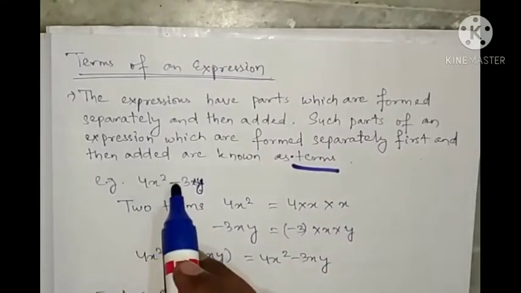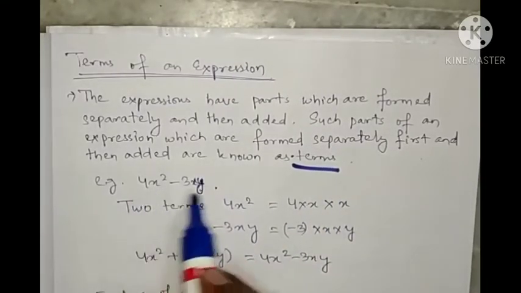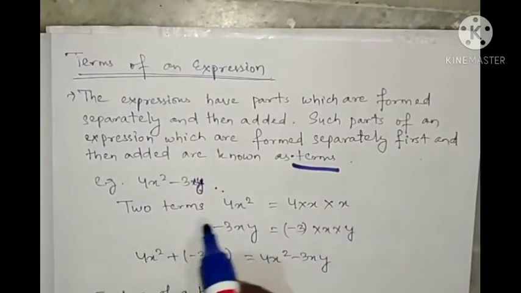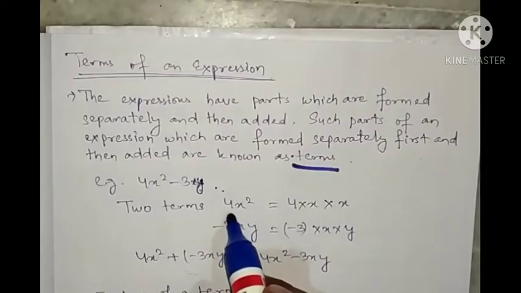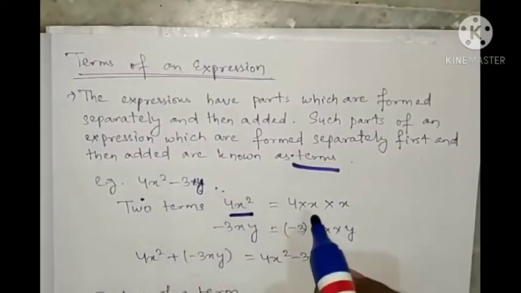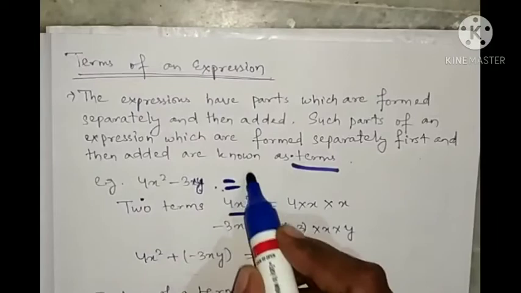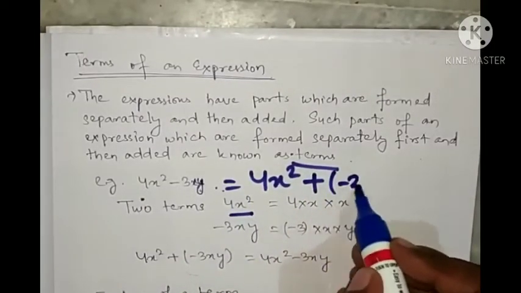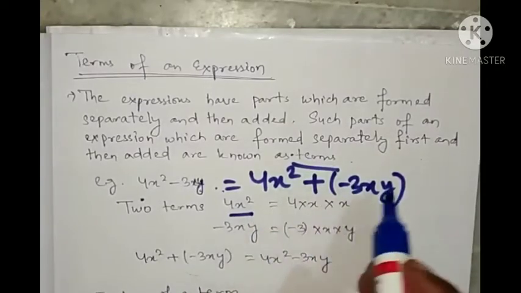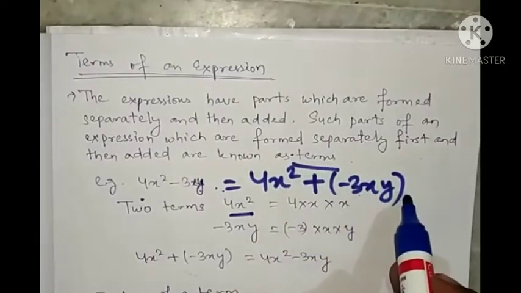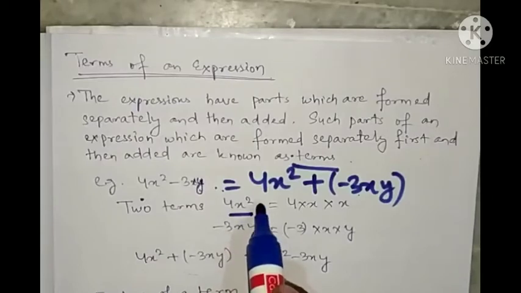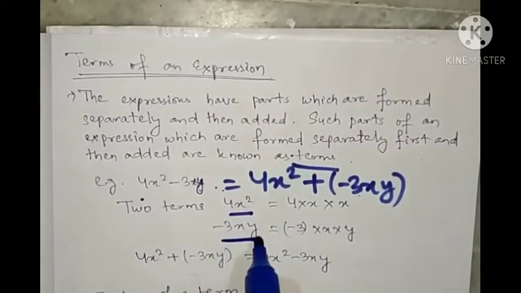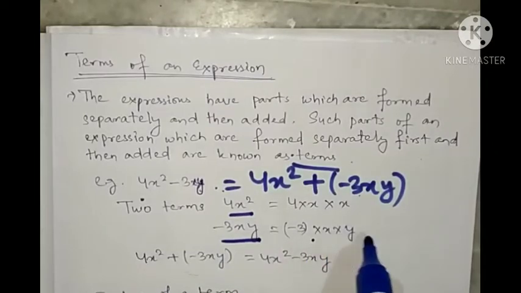Look at 4x squared minus 3xy. This is one expression. How is it formed? First we make 4x squared, and we can write it as 4x squared plus minus 3xy. So here are two terms, 4x squared and minus 3xy. 4x squared is made as 4 into x into x, and minus 3xy is made as minus 3 into x into y.